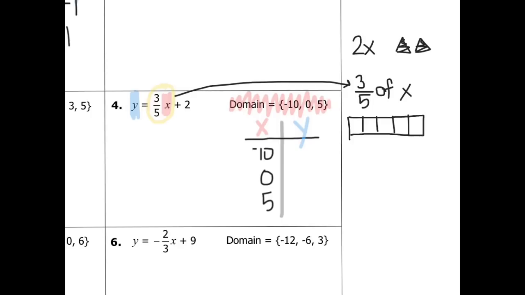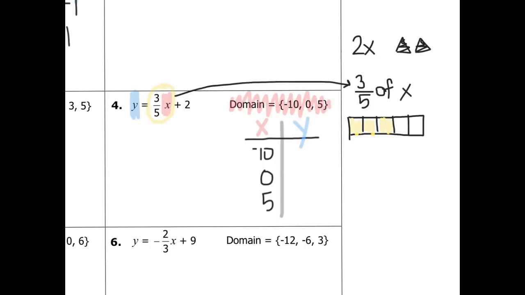I'm going to shade in 3/5 in yellow. There's 1/5, 2/5, 3/5, okay? And I can keep depending on this same picture over and over again. What this is asking me to do, if I follow the language, is take 3/5 of my x value and then add 2.